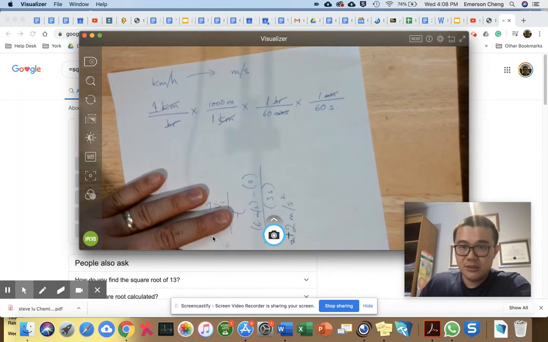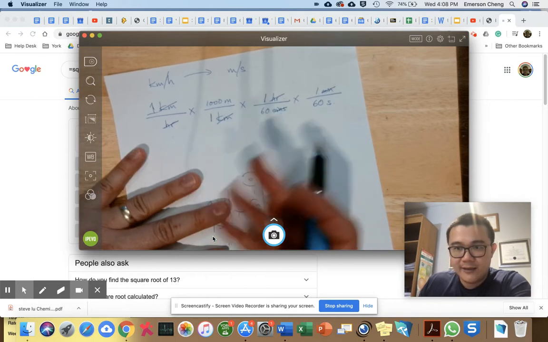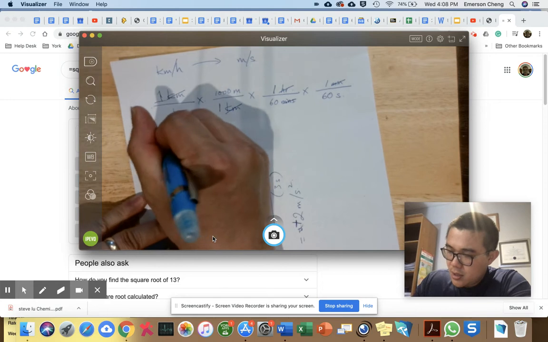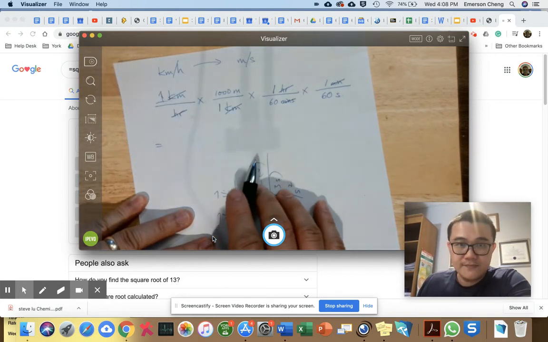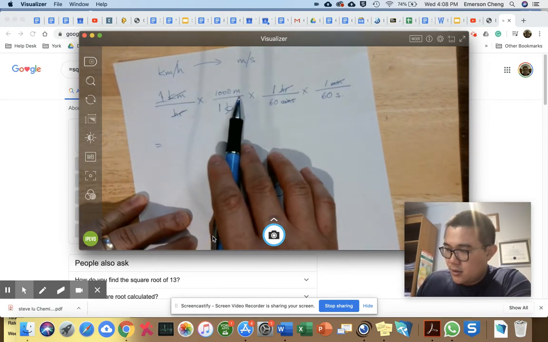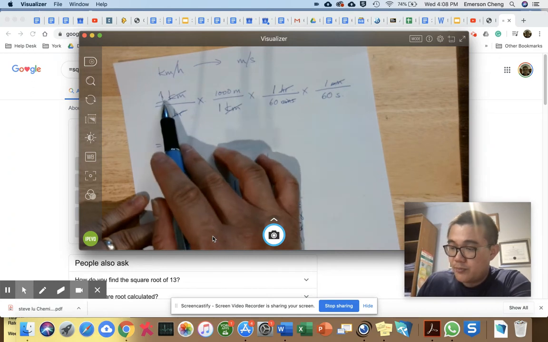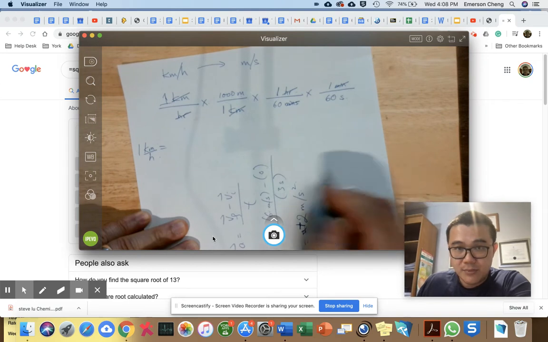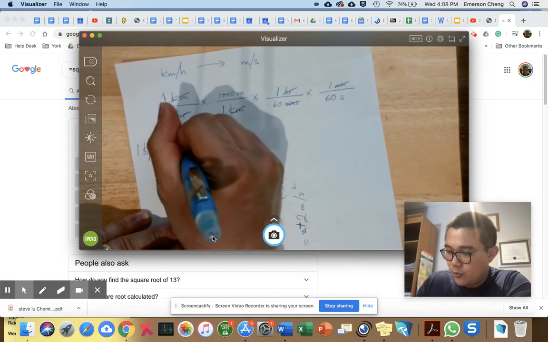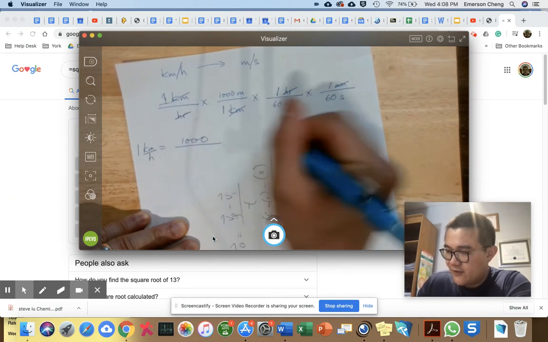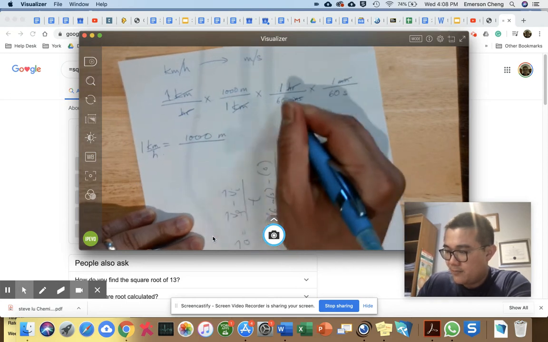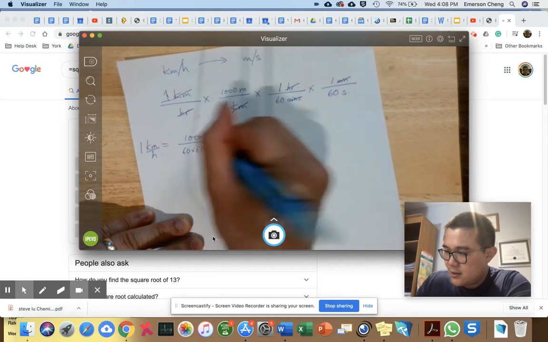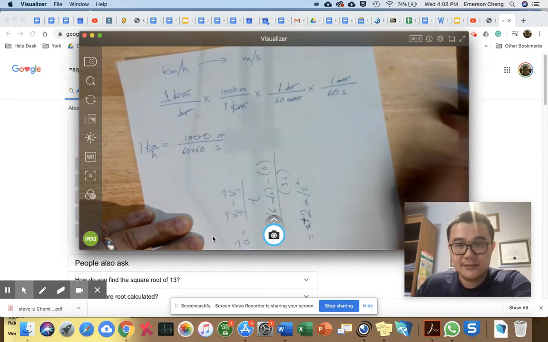So now I've done a lot of fraction cancellation and stuff like that. What does that mean? Well, what it means is 1 kilometer per hour would mean I'll have 1,000 meters divided by 60 times 60 seconds.